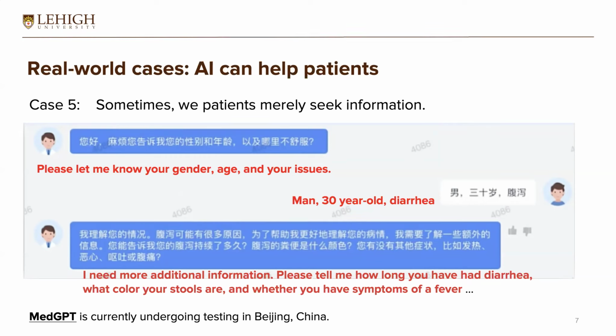If it is, we can let the doctor or the hospital schedule the patient as early as possible through this kind of conversation information collection system. This is very powerful and helpful.